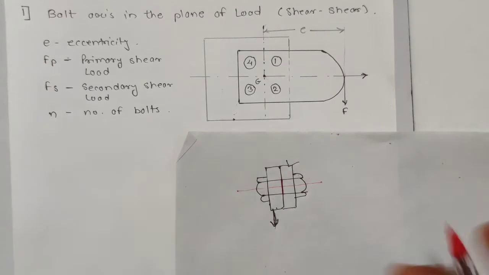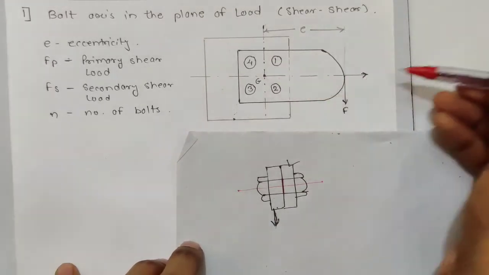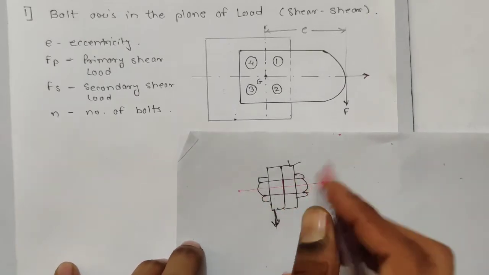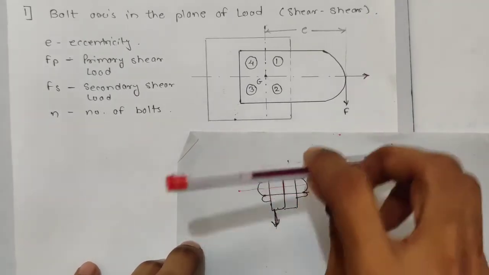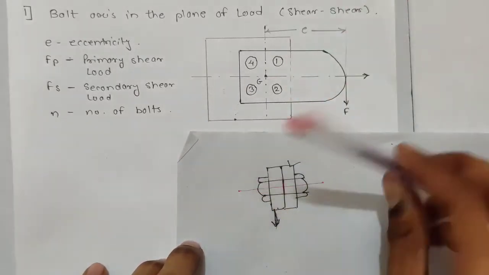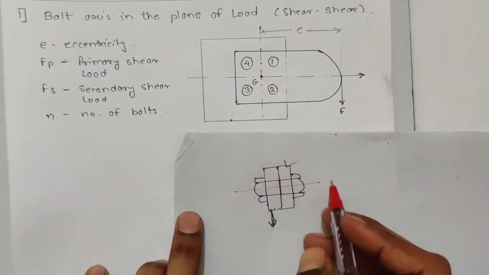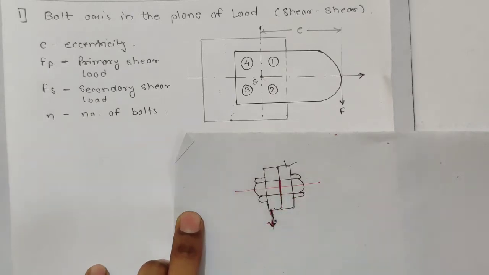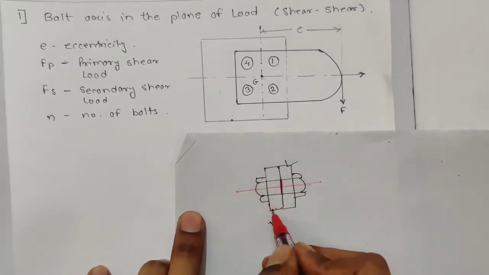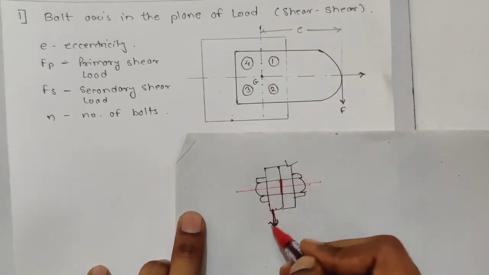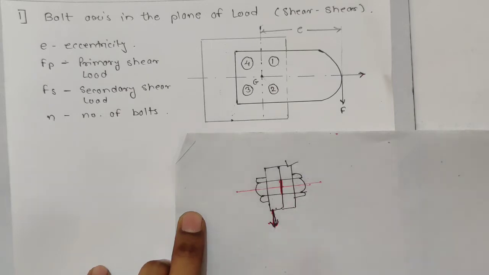Now I'm watching these plates from the left or right side, and you will see the bolt like this. If I'm not watching from the side, then you will get this view. It will break like this. This is the axis of bolt, and this is the line of action of load. It is perpendicular, so it is shear load. Or you can say this is the failure area, and both are parallel, then it is shear load.